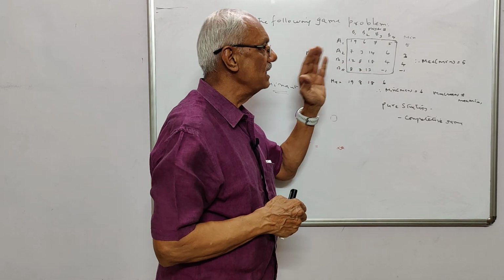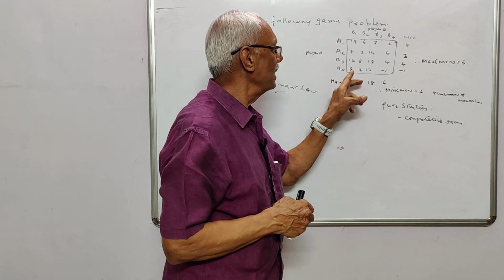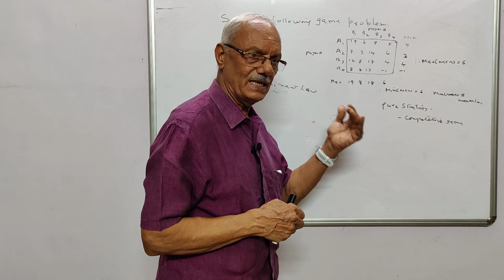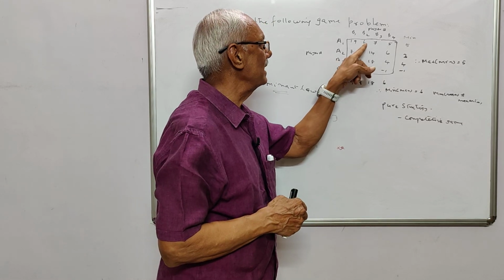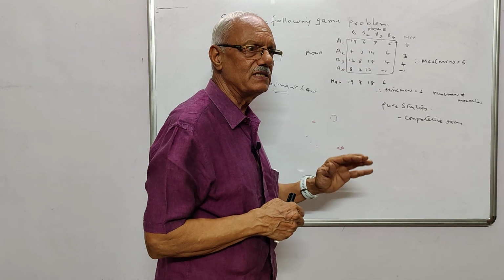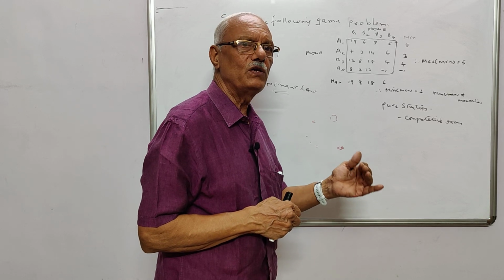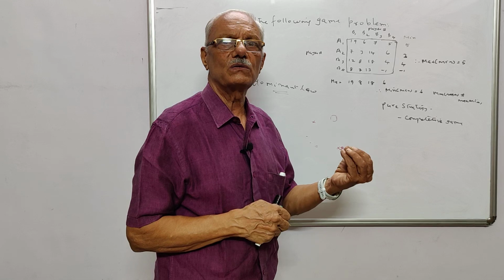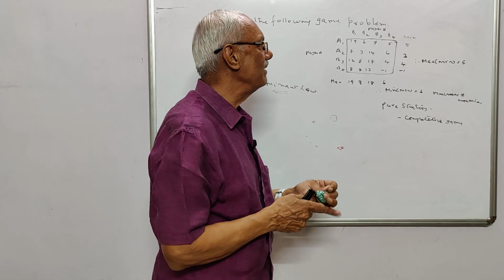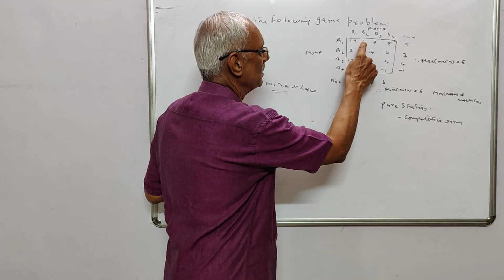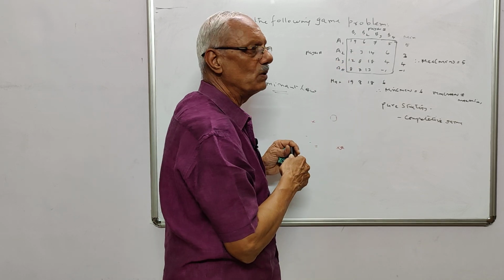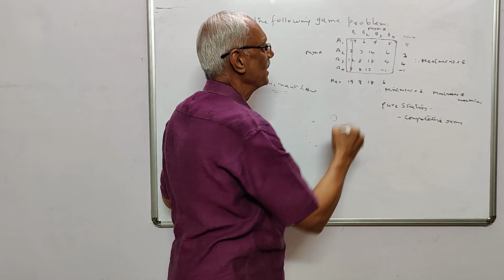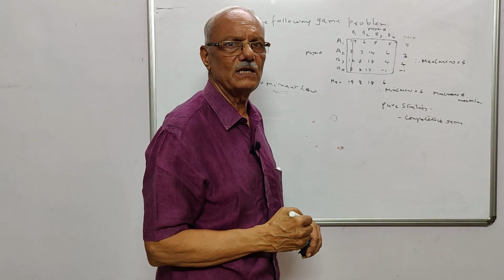That means between these two strategies, if B is going to select one, he will select only B2, for the reason that if he uses this strategy against A, his loss will be minimum. So this B2 dominates B1, and therefore B1 is struck off. That means B will not use this strategy at all.